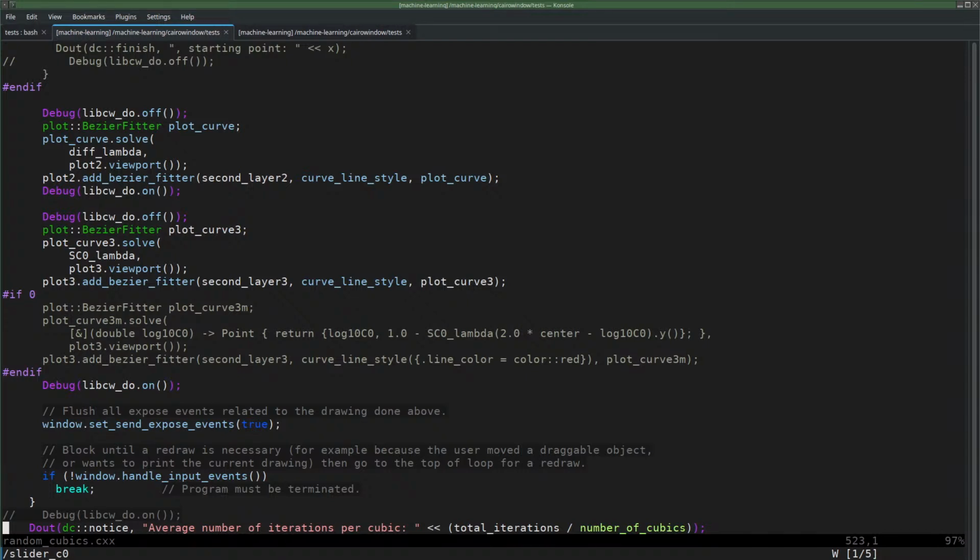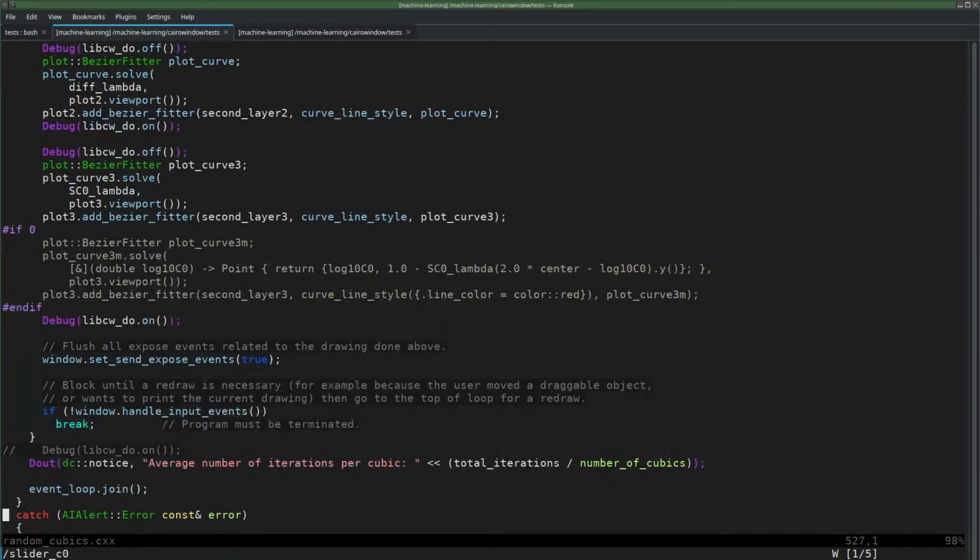Makes no sense. Oh, missing a handle input events. That's the reason. Yeah, that sucks. Because that hangs. That hangs until I hit space.